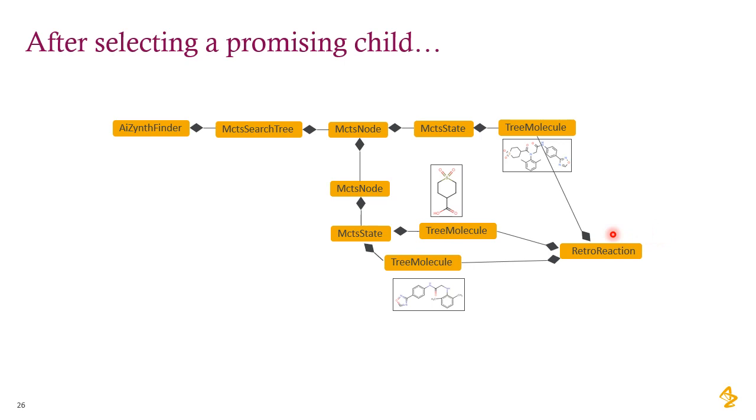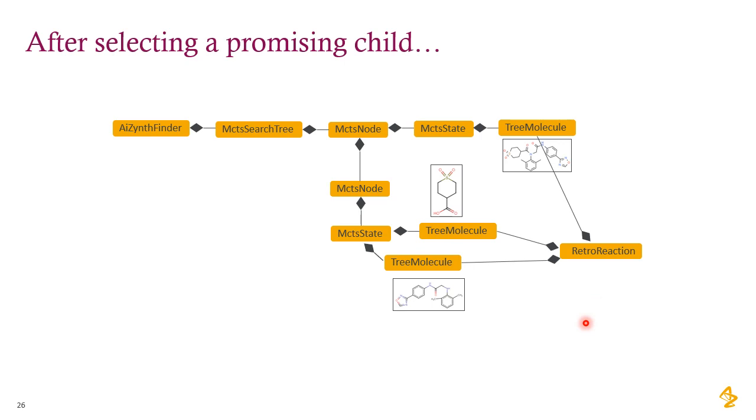And this retro reaction holds references to the molecule that is expanded on, the product, which is this tree molecule, and it holds a reference to two other tree molecules, which are the reactants. In fact, there should be a reference or a link between the retro reaction and the Monte Carlo node here, because this node holds a reference to this retro reaction, but for simplicity, I haven't shown it here.